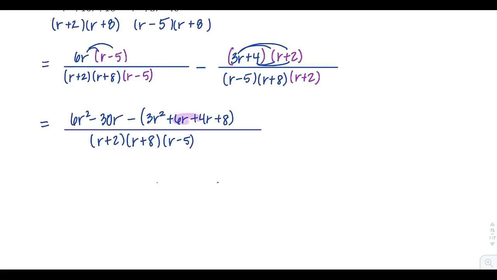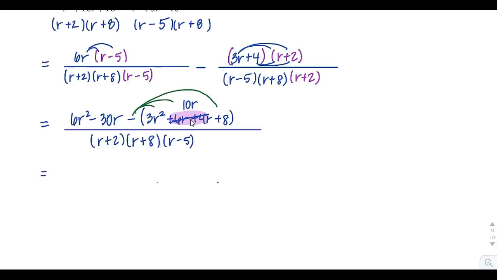Inside here I have like terms, so 6r plus 4r, that's 10r. So that's those two terms simplified. And this negative would distribute to all three terms. That's a common thing to forget because we're subtracting. So that negative goes to all of the terms, which was all of this multiplied out.